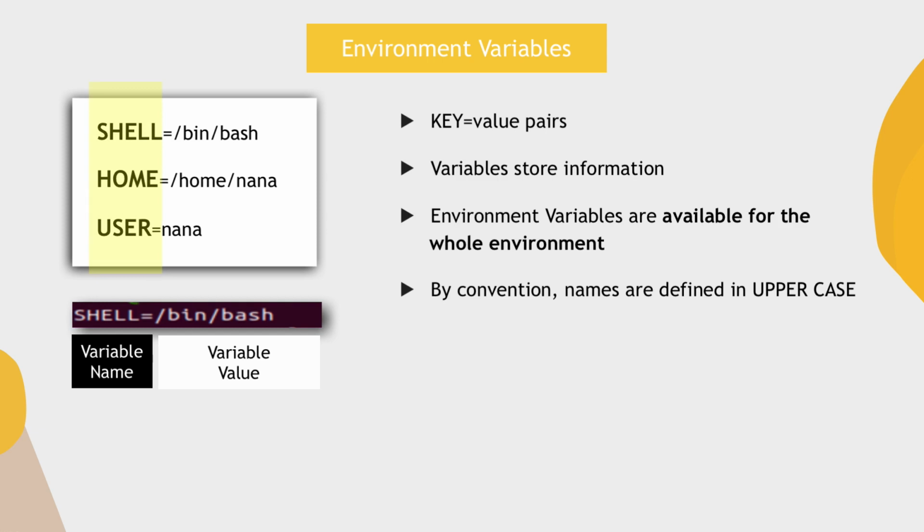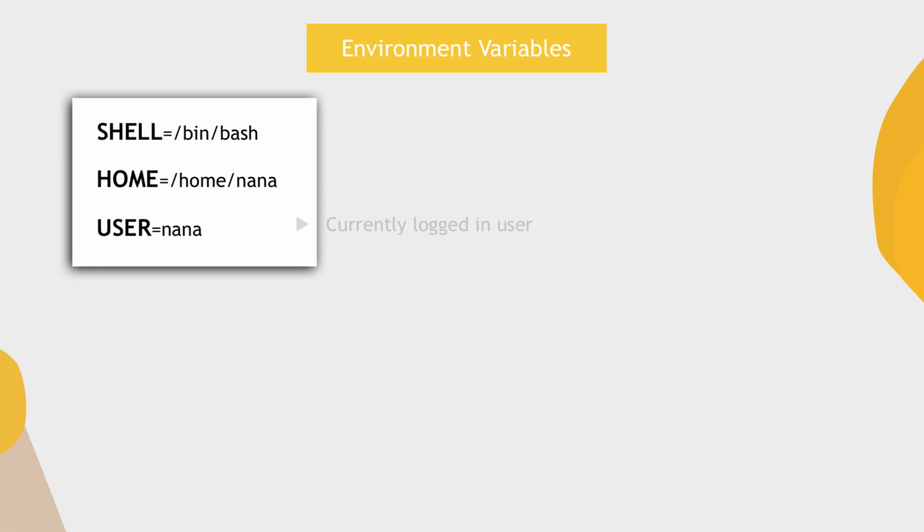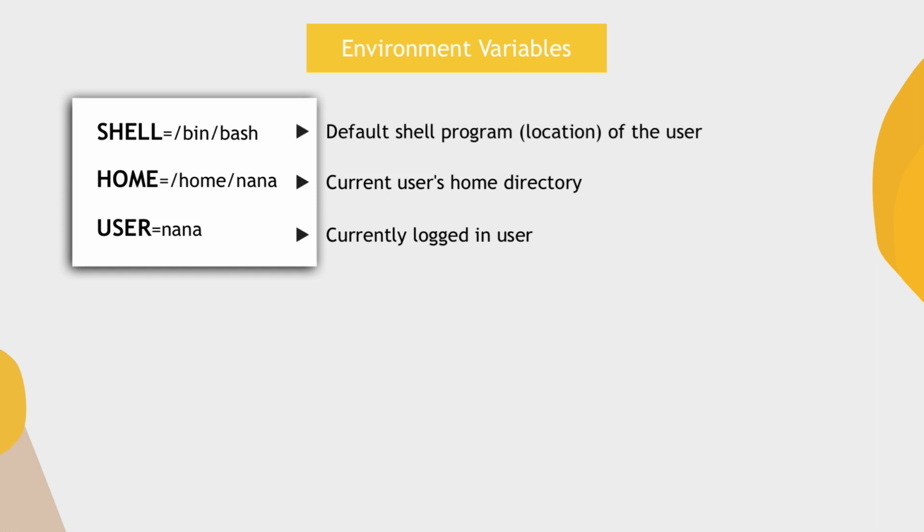For example, each user has a set of environment variables that define that user's environment settings. For example, the USER variable that has a value of the currently logged in user, or the HOME variable that points to the current user's home directory. And you also have variables that define users' preferences, like EDITOR, which is the default file editor that's used when you open a file, or SHELL, which is the user's default shell program.